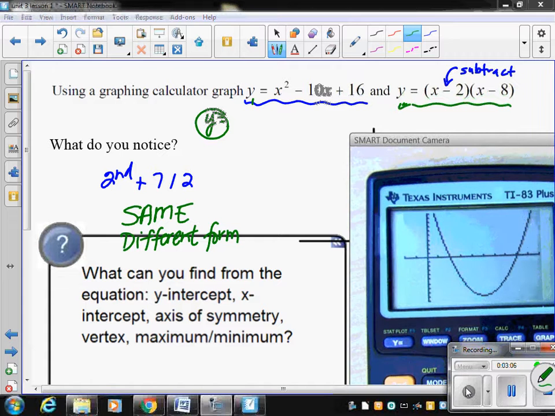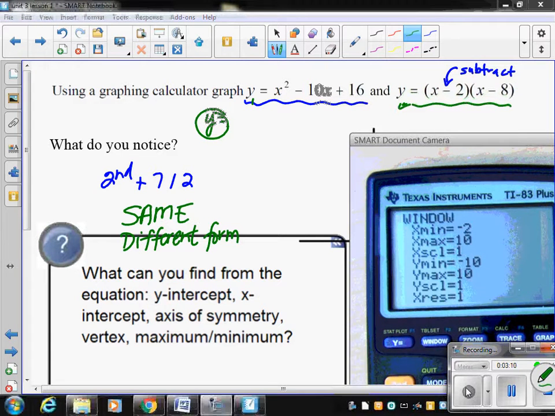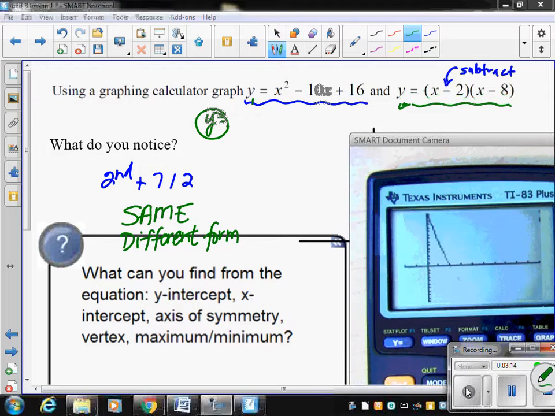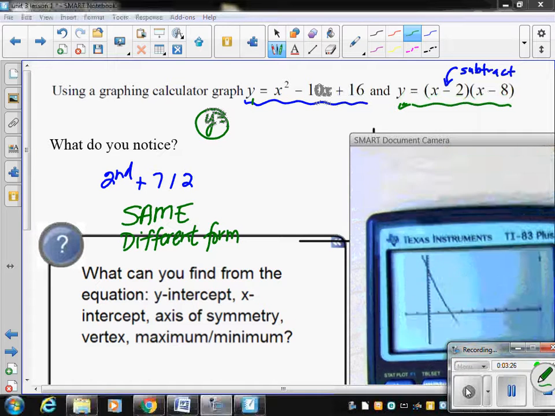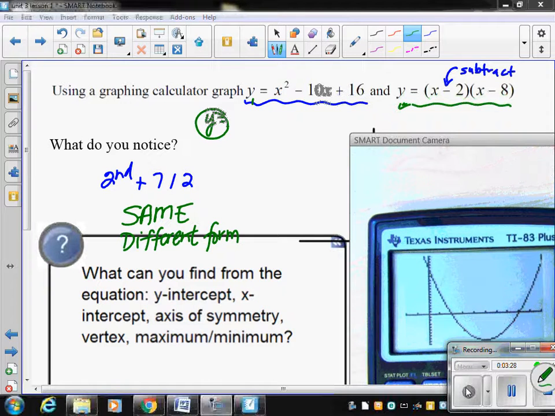Let's just verify that I'm not lying to you. I would like to see a little higher on that y-axis, so I'm going to adjust it to 15. Let's see. Not quite high enough yet. Let's make it 20. And I want to verify that I have the right number for my first equation.